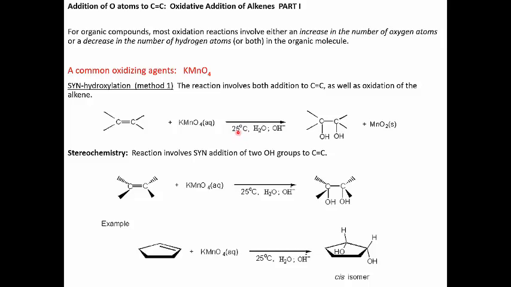Now the product that we get involves two OH groups adding to the alkene carbons. A double bond breaks down to a single. One OH group attaches to one carbon. A second OH group attaches to the other carbon. There's an inorganic byproduct that we note. It's called manganese dioxide. It's a dark brown precipitate.